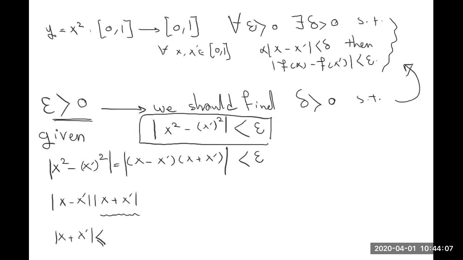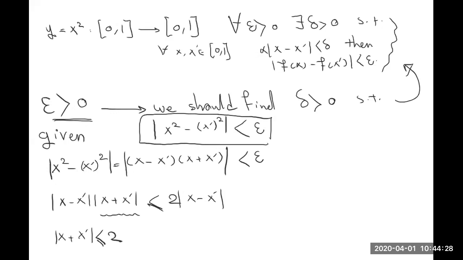Both of these numbers are between 0 and 1, so their sum is, of course, less than 2. So the whole thing is going to be less than x minus x prime times 2.